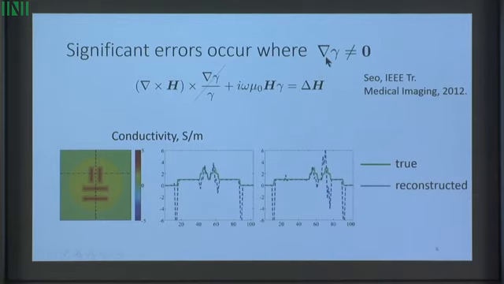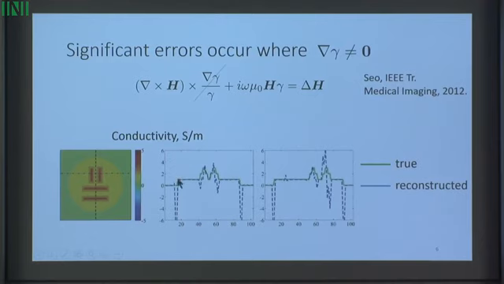This is a very simple reconstruction formula, but we have significant errors because we neglect the gradient of gamma. Actually, this is a numerical result. These red domains have a large conductivity compared to the background. The green curve shows the true conductivity, and the blue one represents the conductivity reconstructed by the conventional method, neglecting this term.